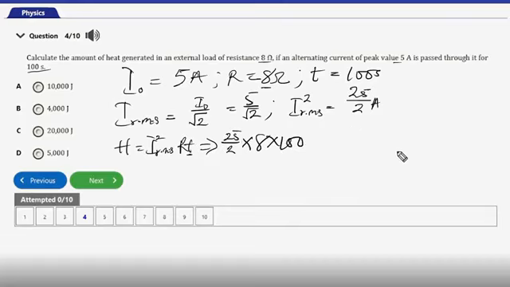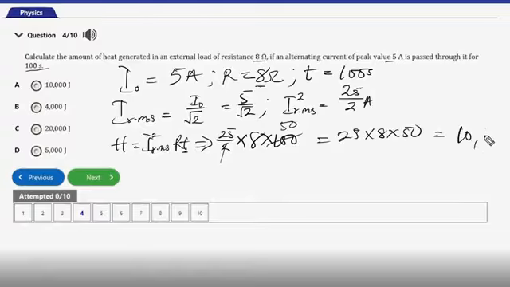When we multiply these out, in order to make this simpler, we can just cancel these out and then cancel this to be 50, and then say 25 times 8 times 50, and then when we multiply this, we're going to have 10,000 joules.